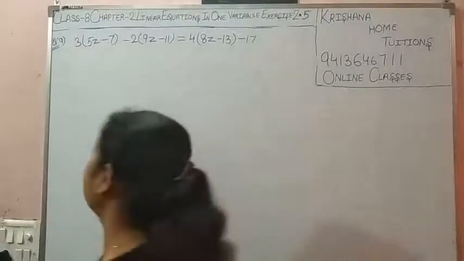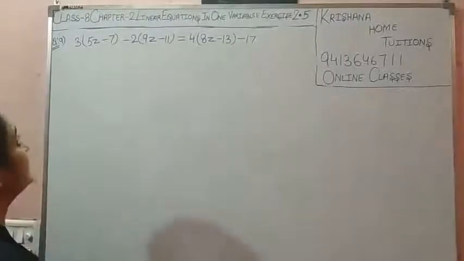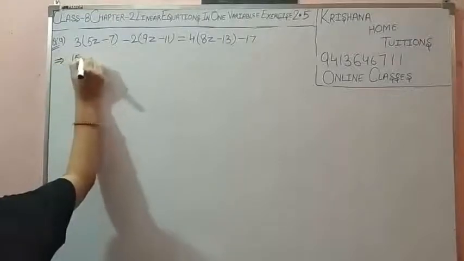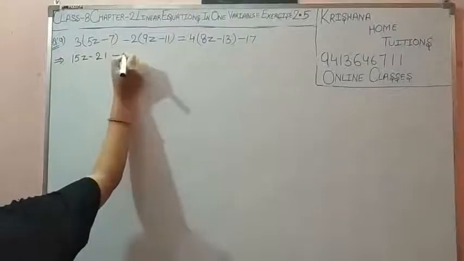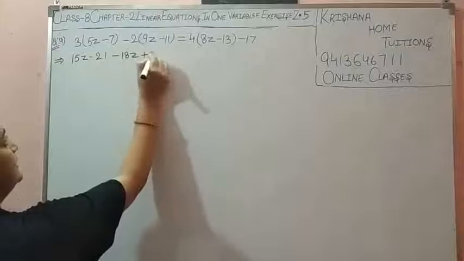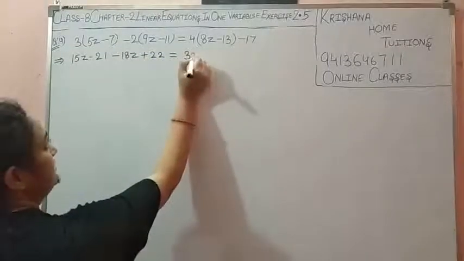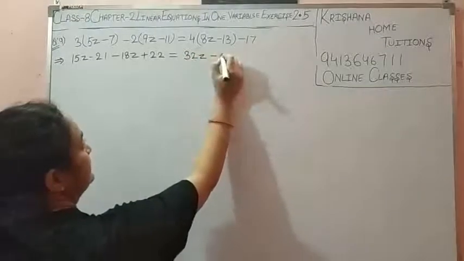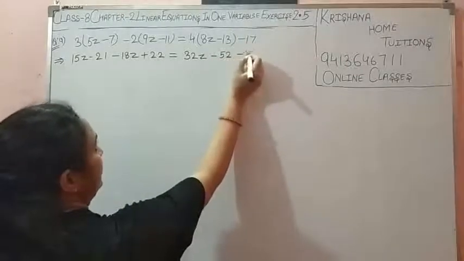Now in this question, again the same, we have to solve the brackets first. So I am multiplying this 3 inside: 15z minus 21, minus 18z, and this minus minus becomes plus 22 is equal to 32z minus 52 minus 17.